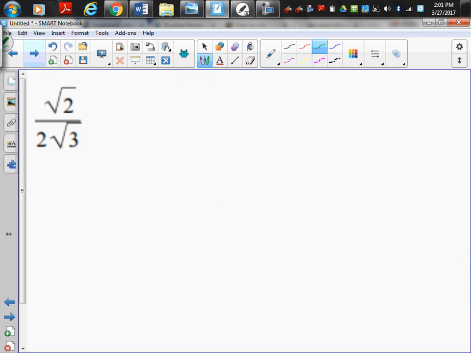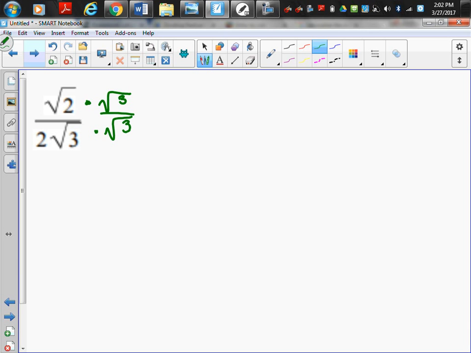Square root of 2 divided by 2 square root of 3. Do I have an addition or subtraction? No. So all I'm going to do is look at that root. So what am I going to multiply this by? The square root of 3. So I'm multiplying my numerator and the denominator by the square root of 3.